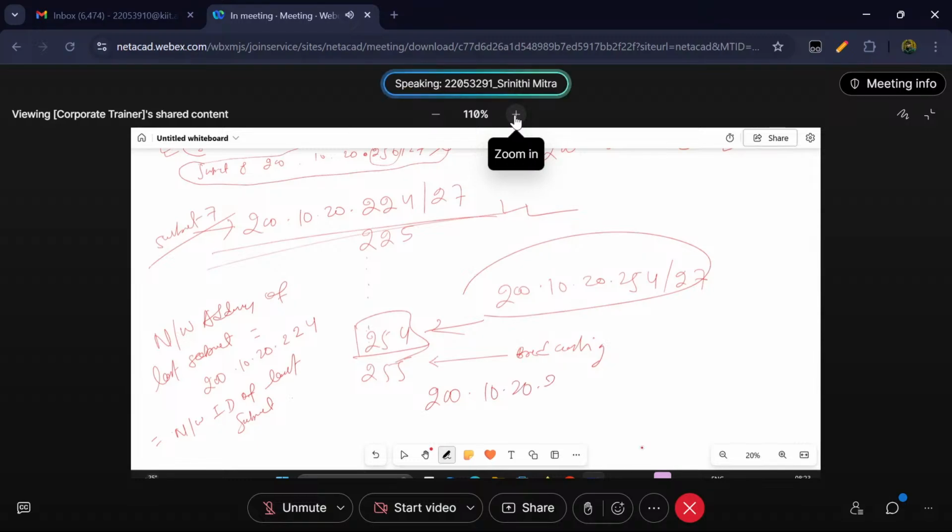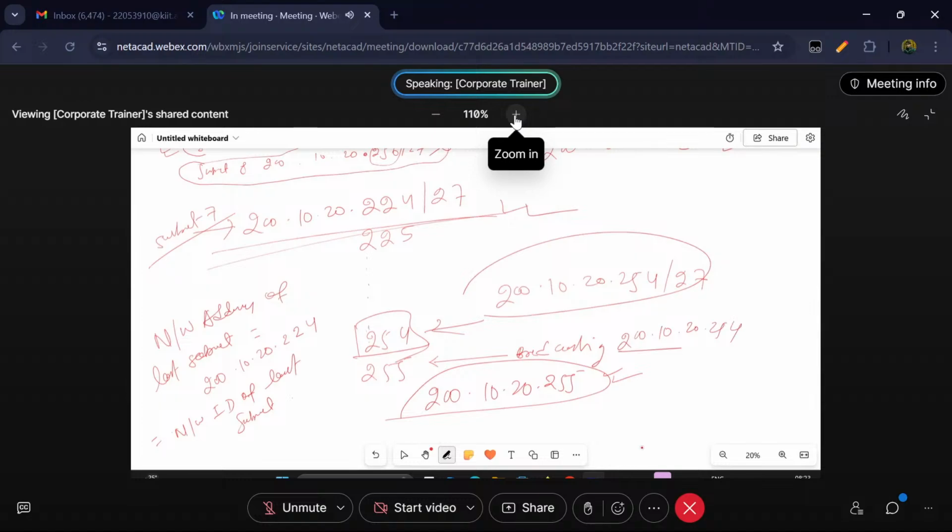But that is not a usable IP. First listen to it. The last IP of subnet 7 is 200.10.20.255. But if I ask what is the last IP for the host, or the last usable IP, then you have to say 254.